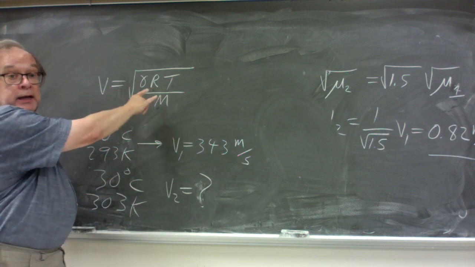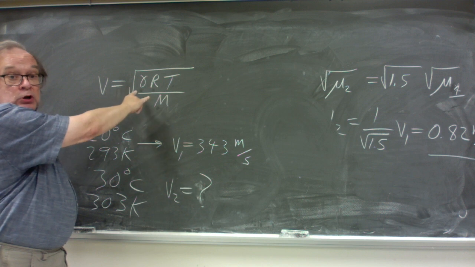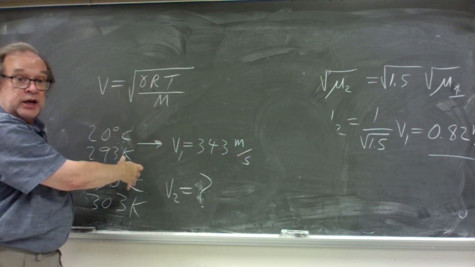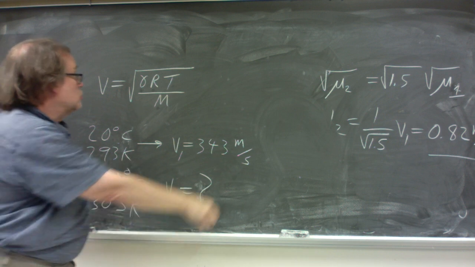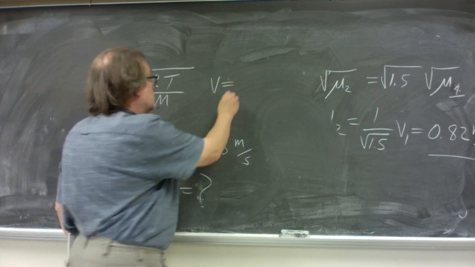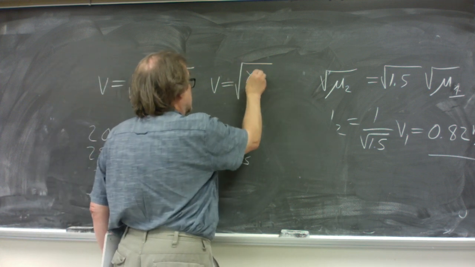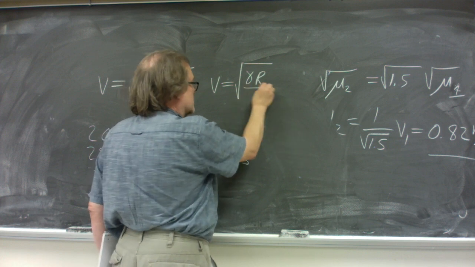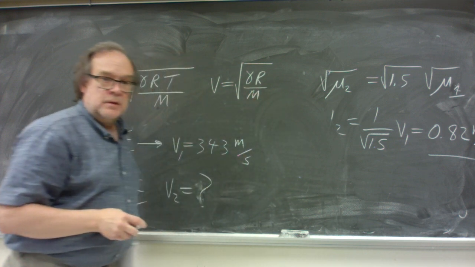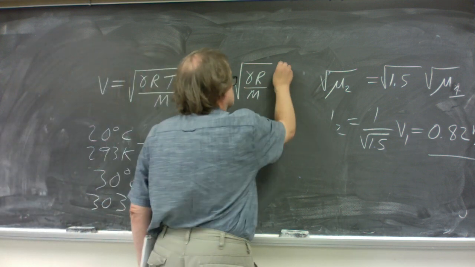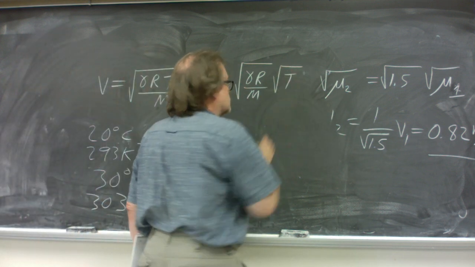We can think about this a little bit more clearly if we lump together all the constant factors. The only thing that's changed here is temperature. So what we really have is wave speed equals square root of gamma R, the so-called ideal gas constant, over molar mass times square root of temperature.